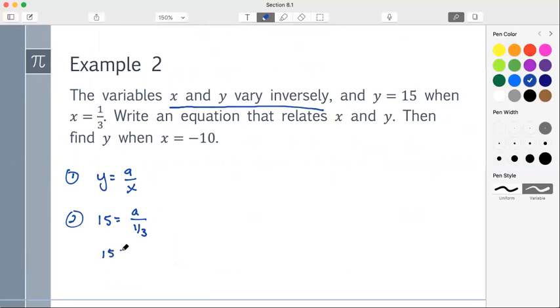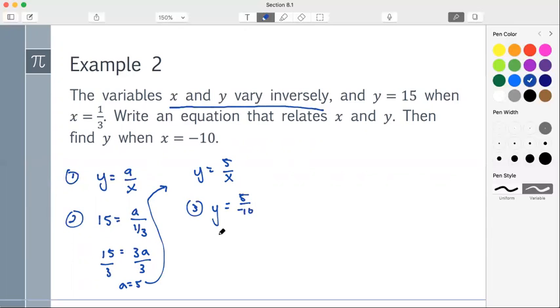Remember that when you divide by a fraction, that's the same as multiplying by the reciprocal. Divide both sides by 3, and we have a equals 5. We use that to rewrite our equation, so we have y equals 5 over x. And then our last step is to solve for our variable y when given the last piece of information, x equals negative 10, so 5 over negative 10, and that's how we get y equals negative 1/2.